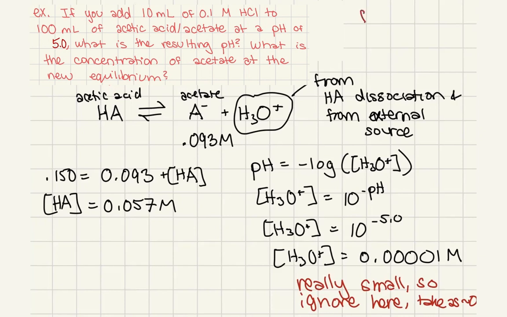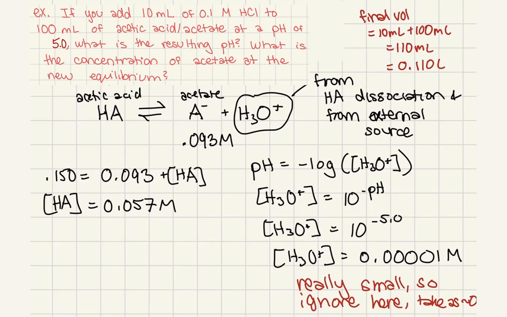Final volume equals 10 mL plus 100 mL equals 110 mL, which in liters is 0.110 liters. We're going to use that volume later to convert things back to molarity.